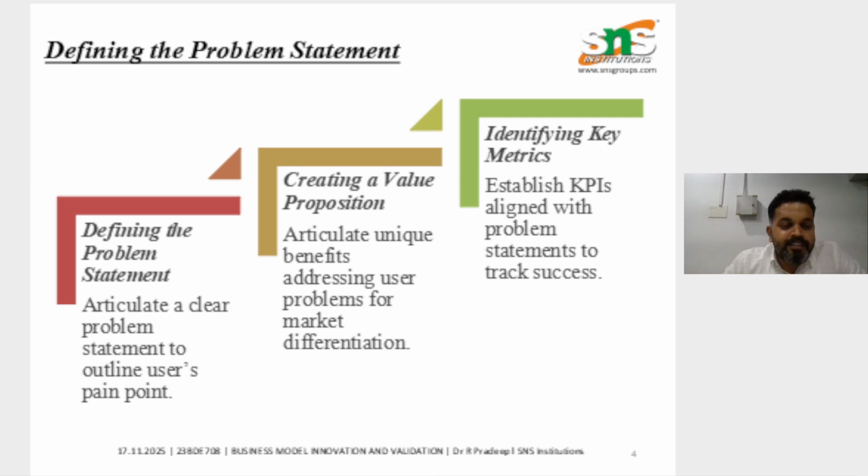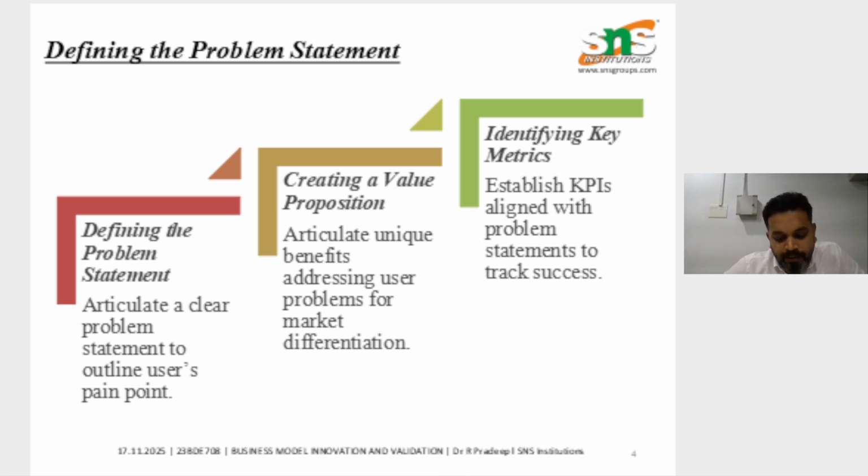Next, we have to define the problem statement. We initially understood the exact need of the customer and their problems, and there might be a list of 100 or 200 problem statements. It cannot be defined as a constant number, but there are a number of things needed by a customer.